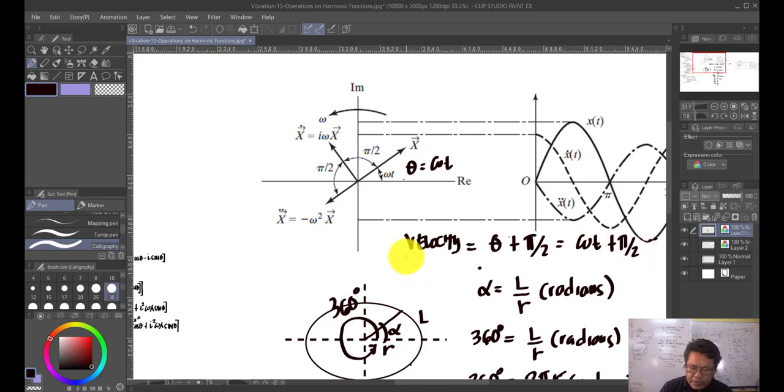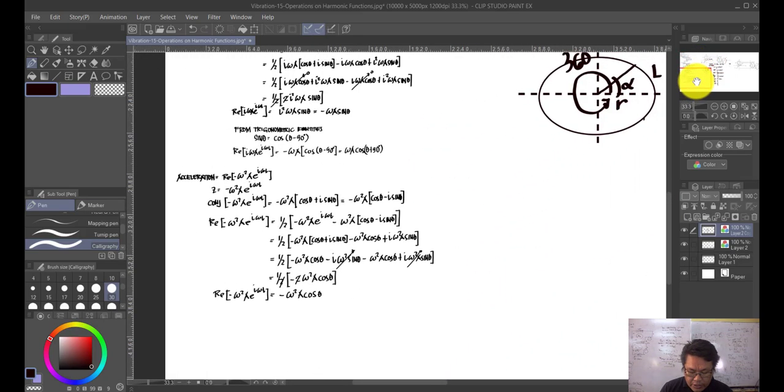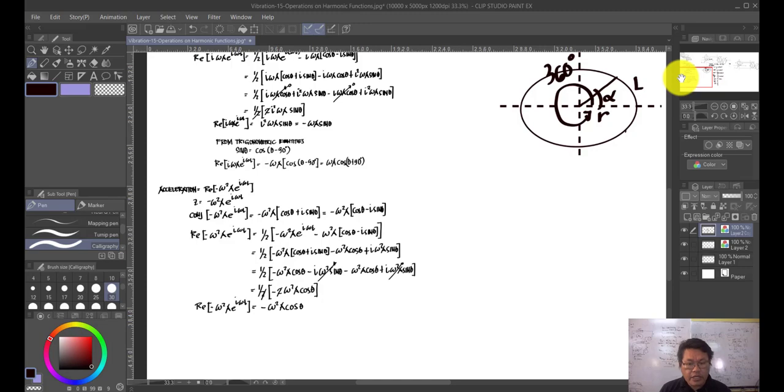Now for the acceleration, let's go back to the previous one. Here we have cosine of theta, so we'll use trigonometric identities.